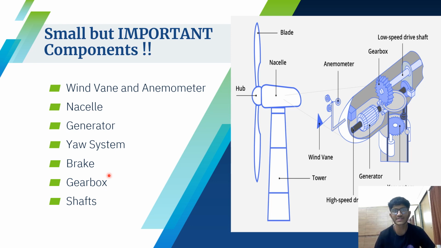It amplifies the speed for efficient electricity generation, converts varying torque into a consistent output, etc. Here we have our gearbox, as you can see in the diagram. Lastly, we have shafts. Shafts transfer rotational energy from the turbine blades to the gearbox and to the generator. We can see the high speed shaft and low speed shaft in this picture.